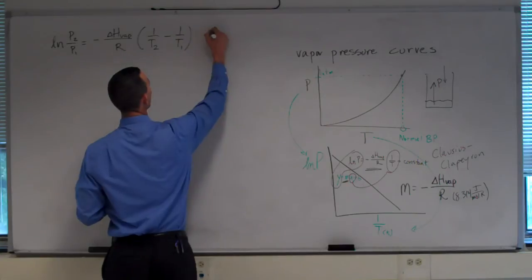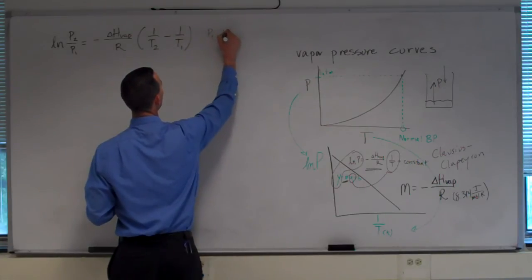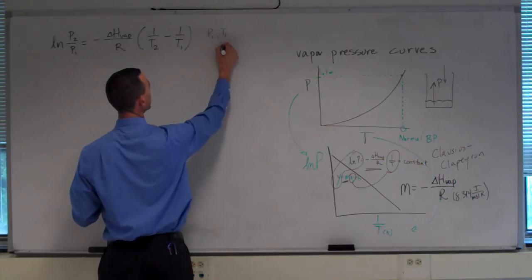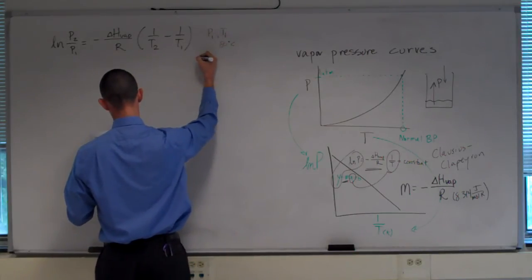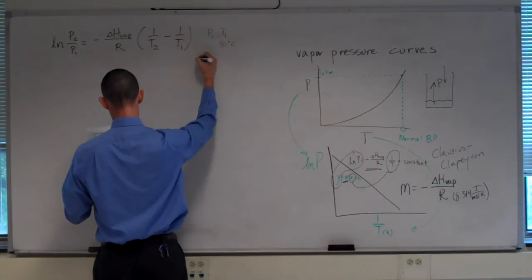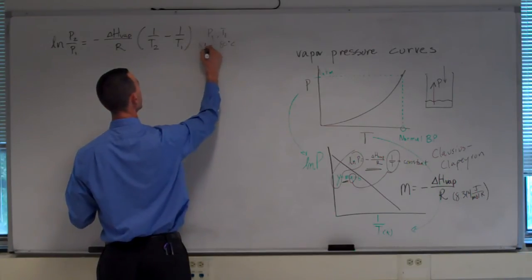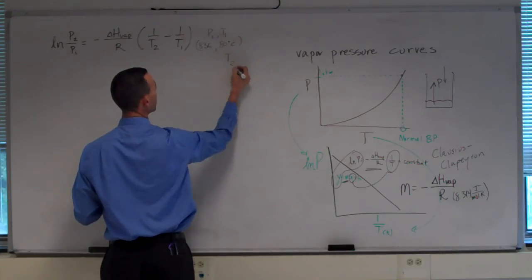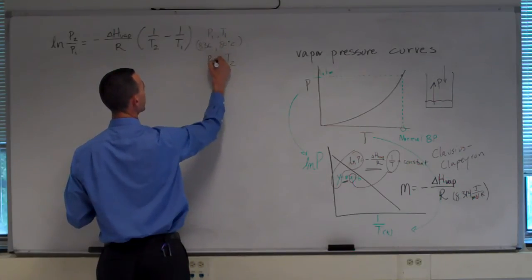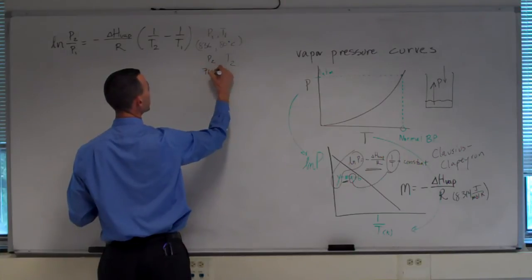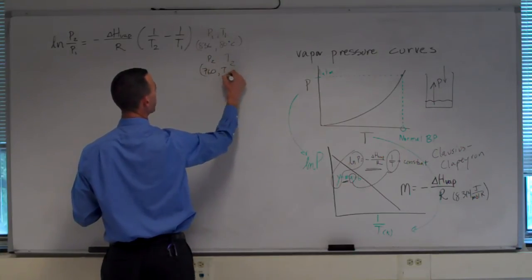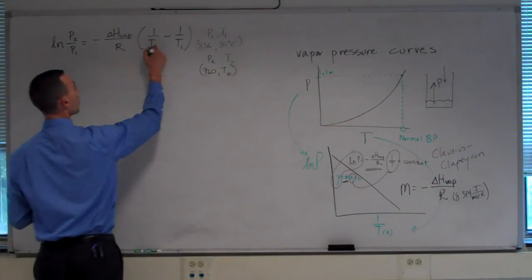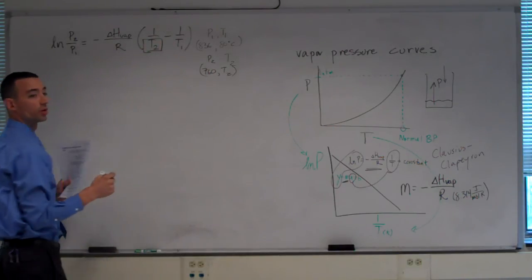If we define our P1, T1 as the 80 degrees Celsius point, that would be 836 torr. My T2 is what I'm looking for, and P2 would be 760, normal atmospheric pressure. So I'll be looking to solve for T2.